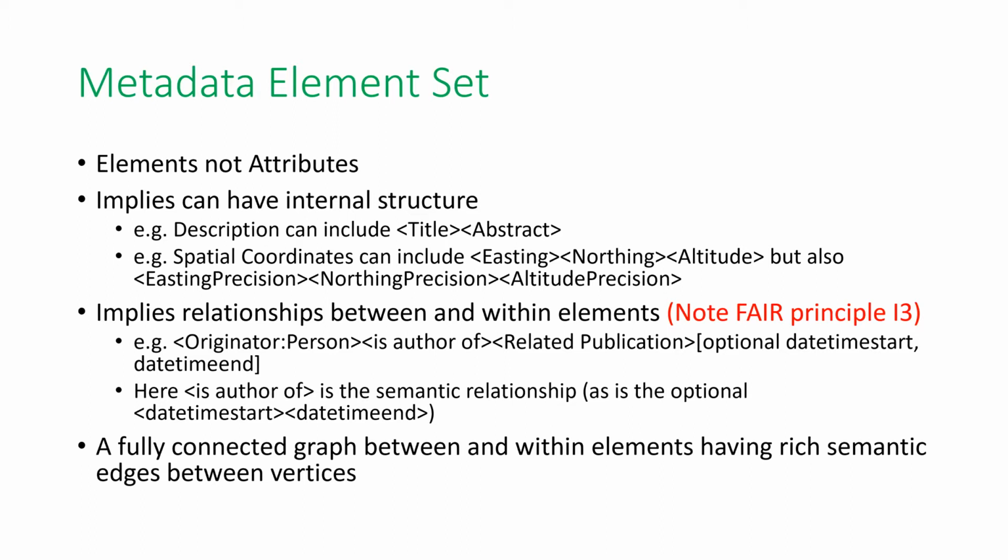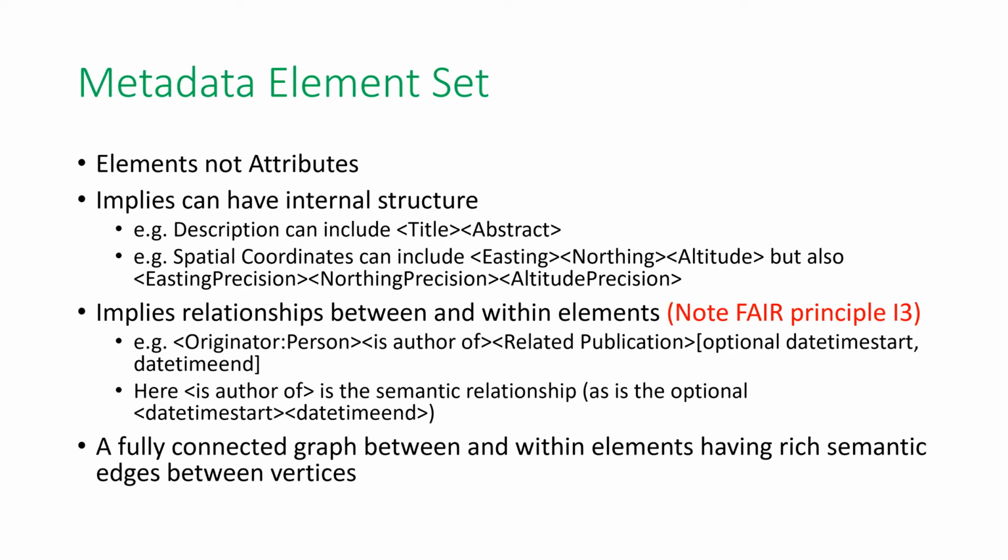associated with those coordinates. So what this implies, and this links with the FAIR I3 recommendation, is that there are relationships between and within the elements in the metadata, and indeed between the metadata and the assets being described. So we end up with things like originator person is author of the related publication, optionally with the date range over which this assertion is true.